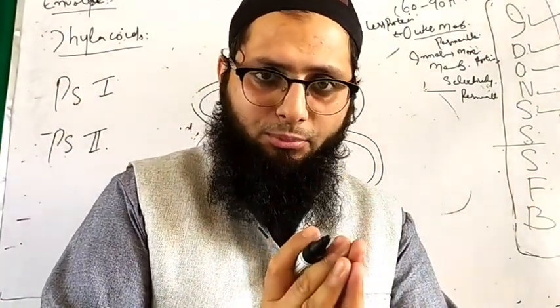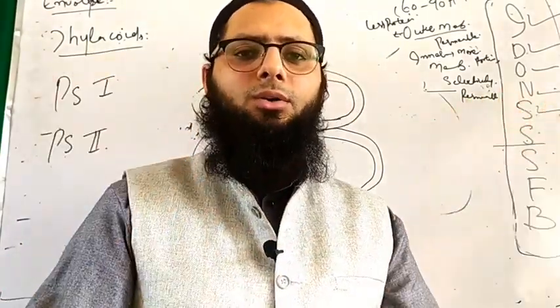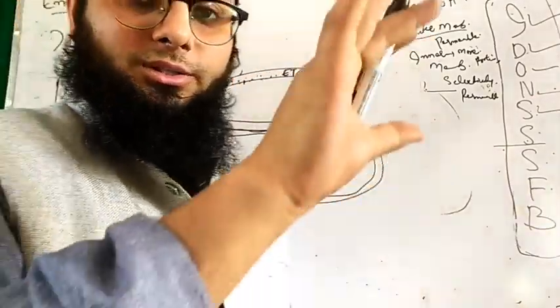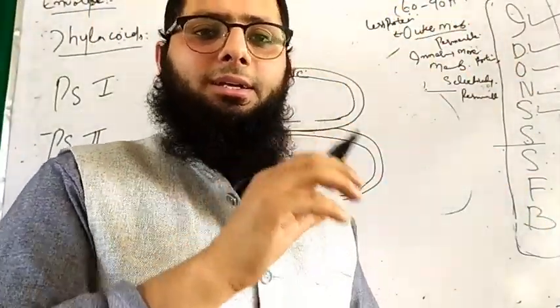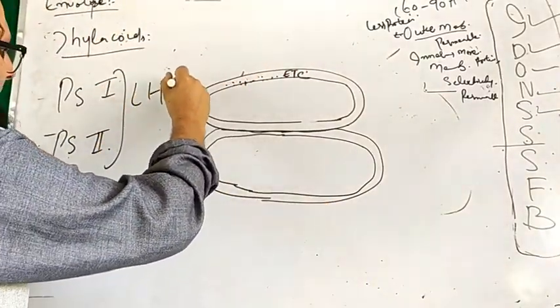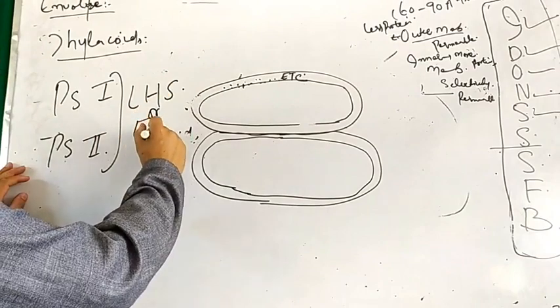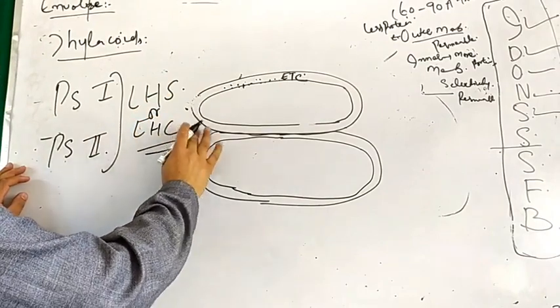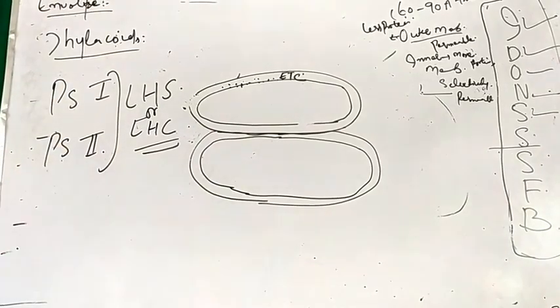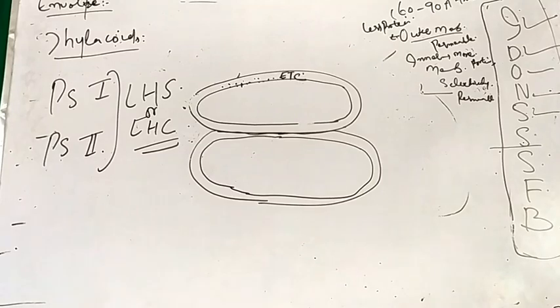So the chlorophyll binding proteins plus pigment molecules constitute these photosystems, photosystem 1 and photosystem 2, and we also call them the light harvesting system or light harvesting complex. Okay, photosystem first and photosystem second, made up of the pigment molecules and some chlorophyll binding proteins.